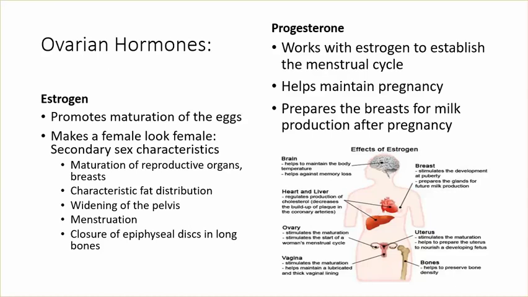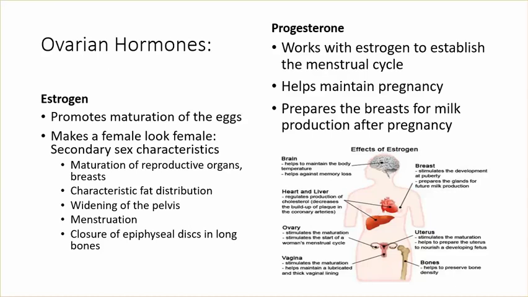Now, progesterone is released by the corpus luteum, and luteinizing hormone is involved with that. So just like in the testes, luteinizing hormone controls hormones. So progesterone and estrogen together maintain the menstrual cycle. Progesterone maintains pregnancy. It also makes the breast prepare for lactation.